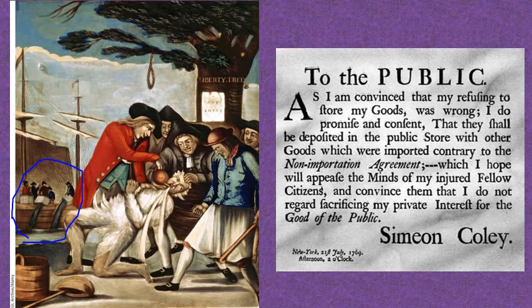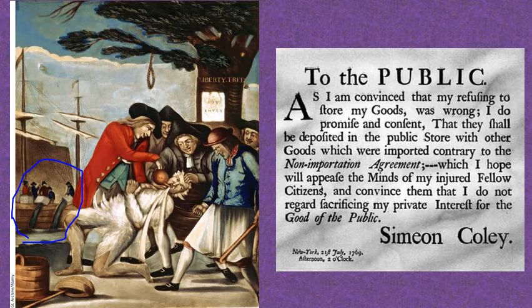Just how much did the colonists actually hold everybody to the no drinking of tea, no buying of British goods? Well, if you crossed that line, you were often visited by the Sons of Liberty, who would basically threaten your life if you did not put out a public statement saying you were sorry for going against the wishes of the community and buying tea or drinking tea or buying British goods.